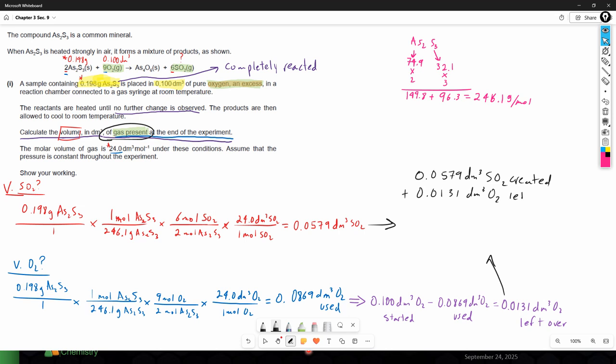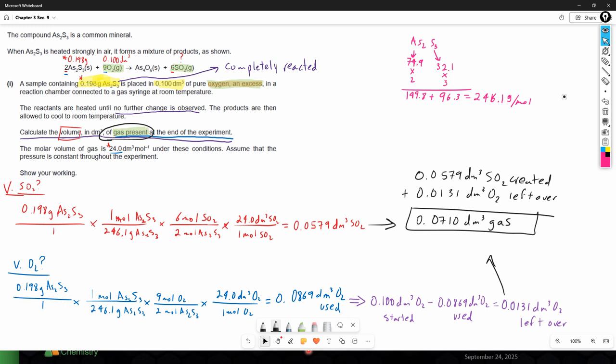This is left over. But because this was created and the other one was left over, they're both there at the end of the reaction. And if we add those up, 0.0579 plus 0.0131 gives me a total of 0.0710 dm cubed of gas in total. And that is my answer.